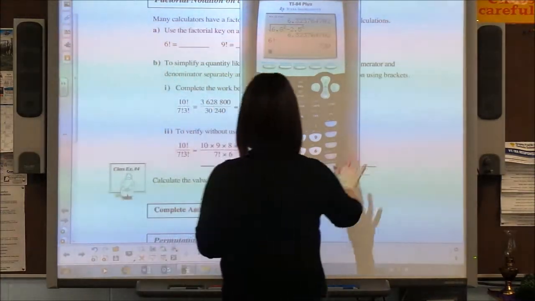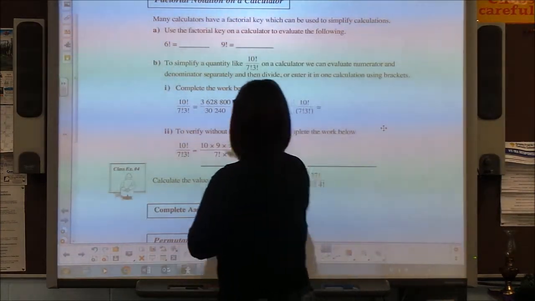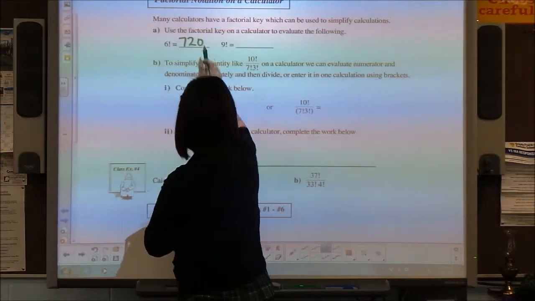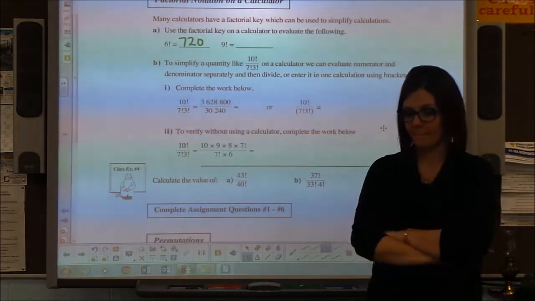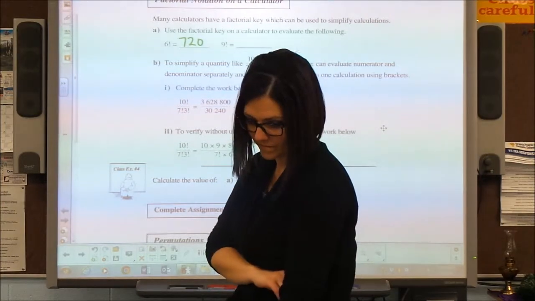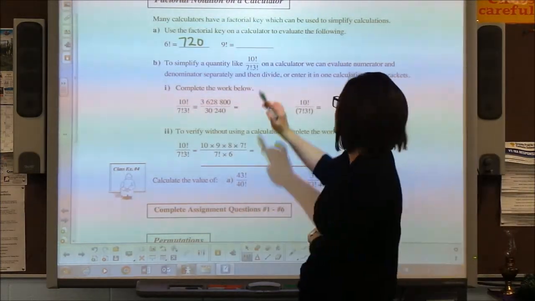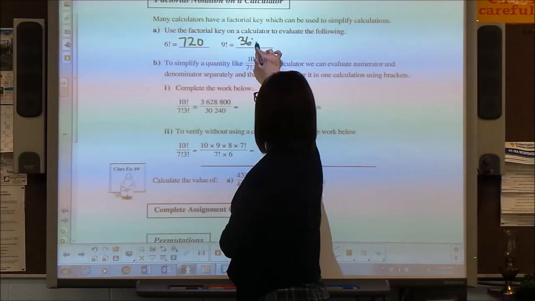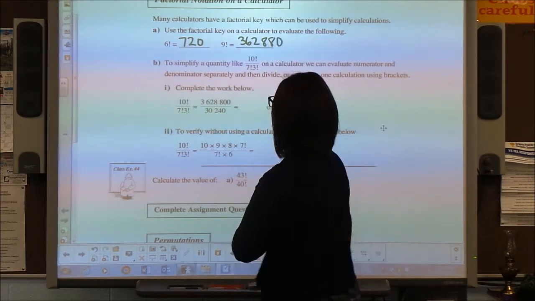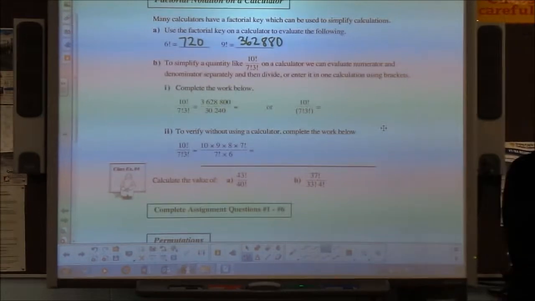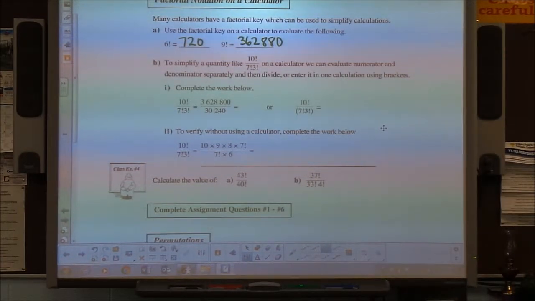So if I do the same thing with 9 factorial, what do you get? 362,880. Good. Okay. And you can actually simplify something like 10 factorial divided by 7 factorial, 3 factorial on the calculator.